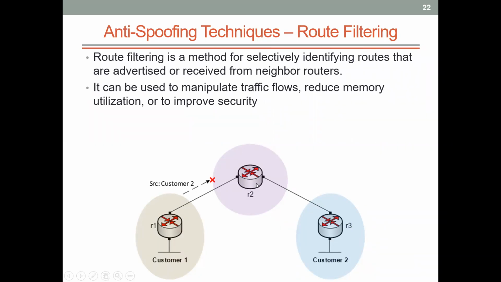Basically, the internet service provider knows the network that should be originated from customer 1. As router R2 sees packets having the source of customer 2 coming from this port, immediately the prefix list drops this packet at this port.